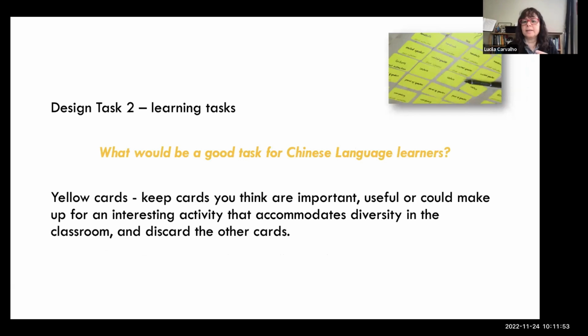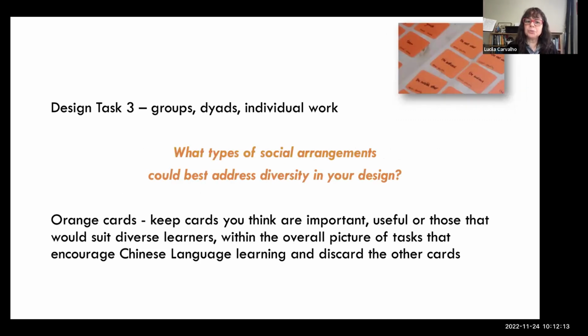And once they had that, we asked them to go in turns through the sets of cards. So we start with the yellow cards, which talk about the tasks, and collect ideas for potential tasks that they would like to be present in their design. Then they move on to the orange cards and do the same thing.